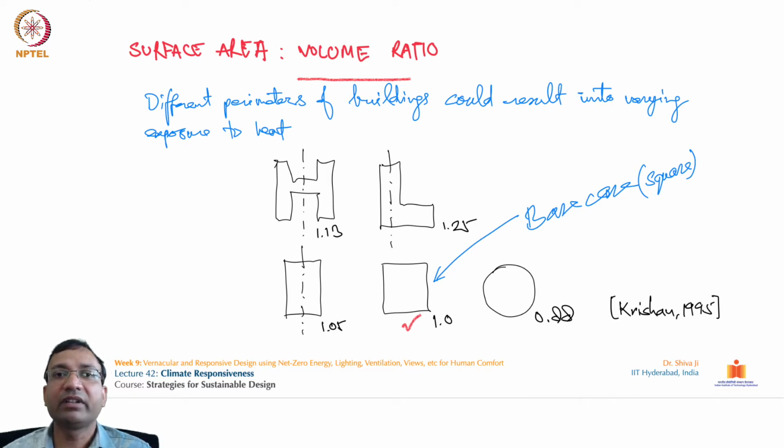Since the surface area will increase, the exposure to the sun will also increase in the same proportion, right? So if the sun gain increases, the heat load on the building will increase.